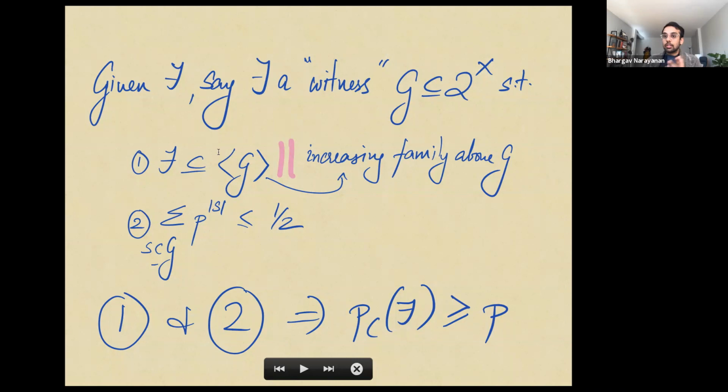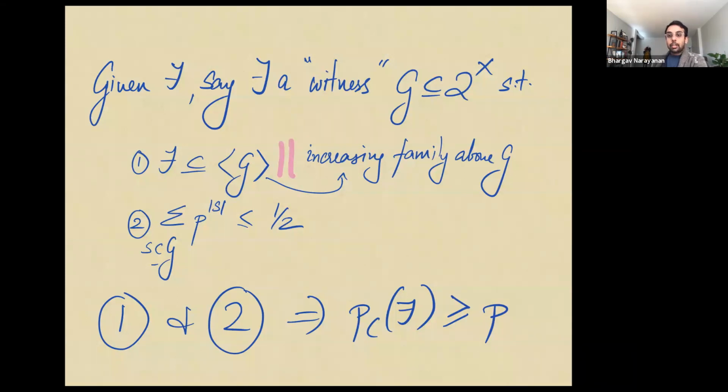It's at most the sum of the p-biased measures of the upsets of the individual elements of G, just by the union bound, or equivalently, you're computing the expected number of sets from G that you'd end up finding in your random set. And so the p-biased measure of the upset over G is at most the sum in point 2 of the definition. And that is at most 1/2. And so if you have a witness, you've demonstrated that mu_p of F is at most 1/2, or equivalently, you've shown that the threshold of F is at least p.